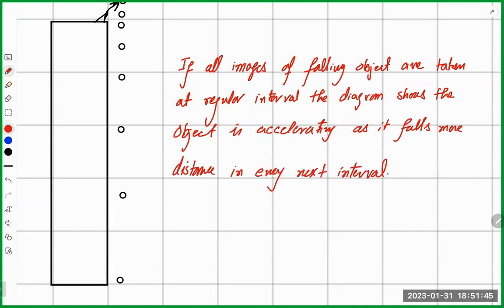Just by looking at this diagram, I can see that the distance between the consecutive images is increasing. And if the distance between the consecutive images is increasing, it shows that object is accelerating.